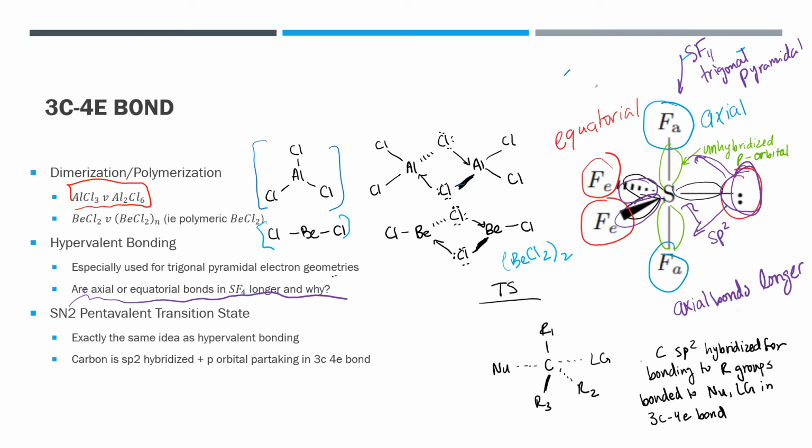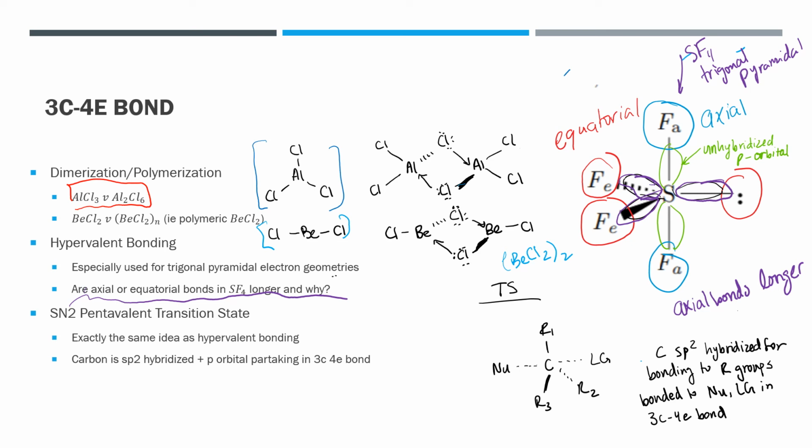So our sulfur is sp2 hybridized, and we can sort of see this trigonal planar geometry happening here, with our equatorial fluorines, our sulfur, and our lone pair. And then we have these axial fluorines that are just up and down.